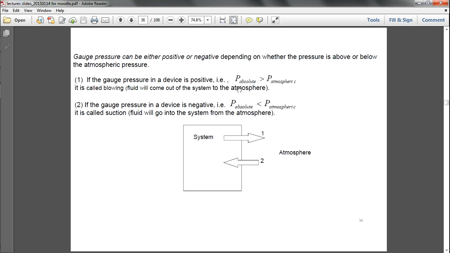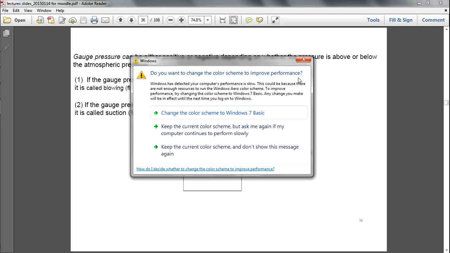The keynote you just need to remember is: if absolute is larger than atmospheric, you have to know it's blowing. Otherwise it's suction. Suction is the same as when you're in flight. Normally your cabin is pressurized, so it's much larger than the atmospheric pressure outside.